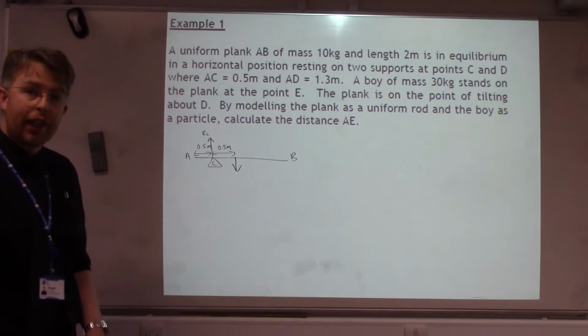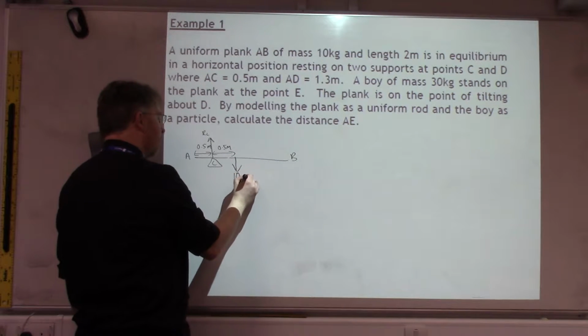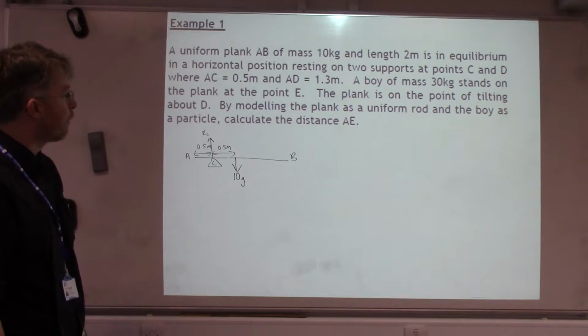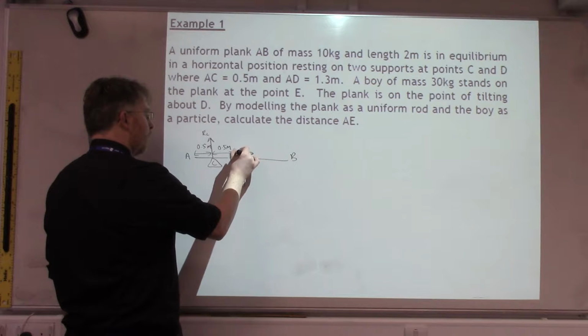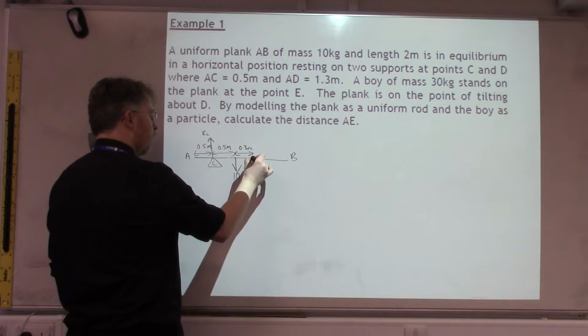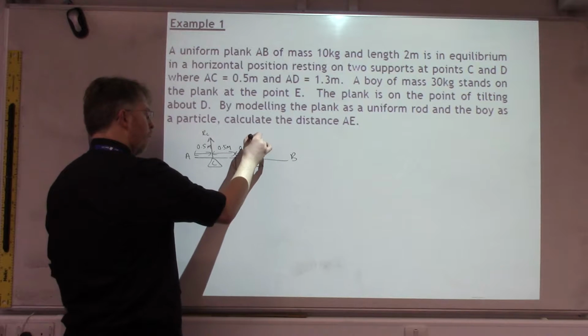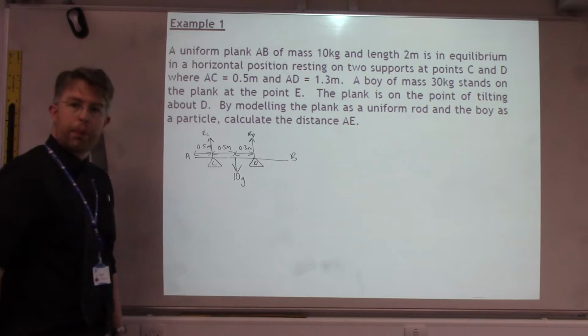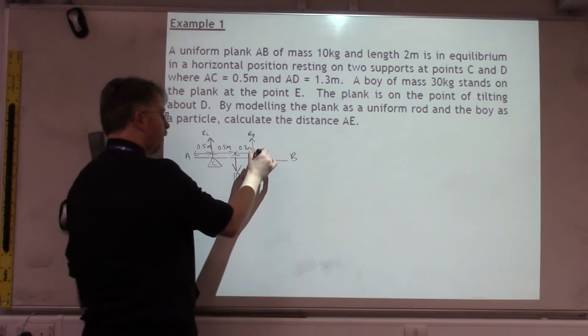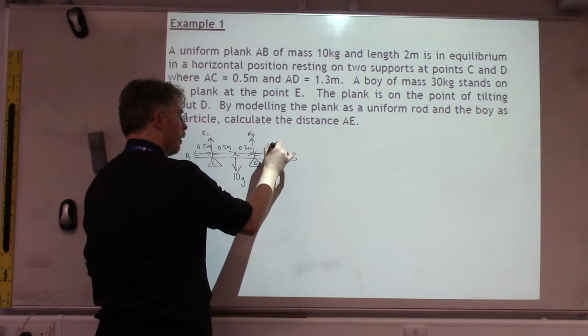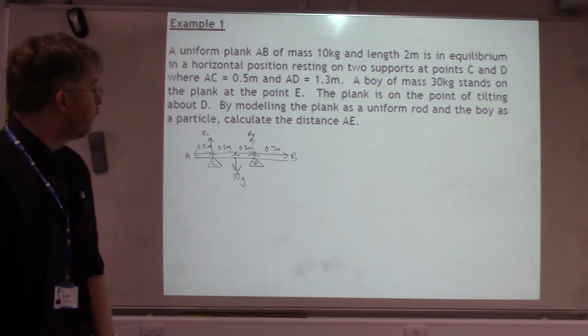And the mass is 10 kilograms, so the weight is 10 times G. 1.3 is another 0.3 metres in. We have the support D, and then it's 0.7 metres for the rest of the way. So the whole thing adds up to 2.